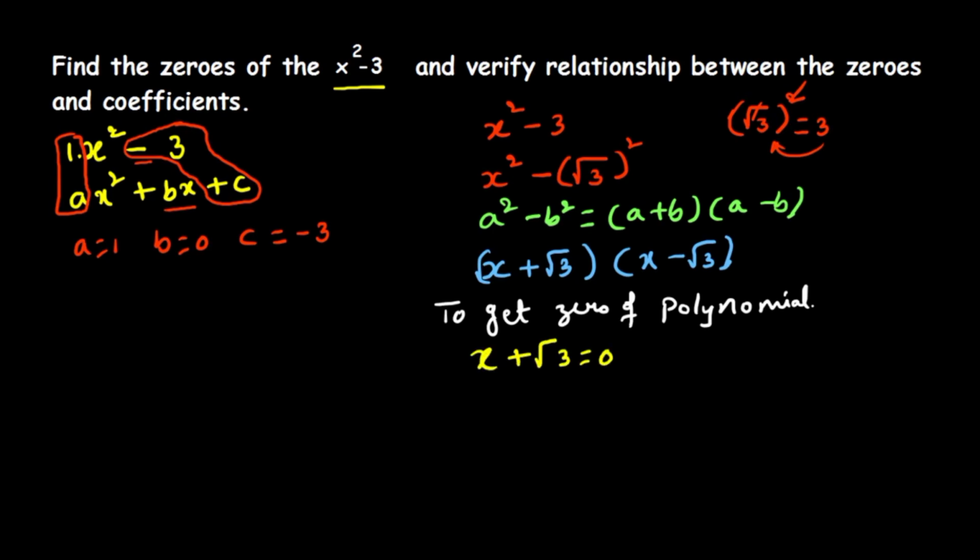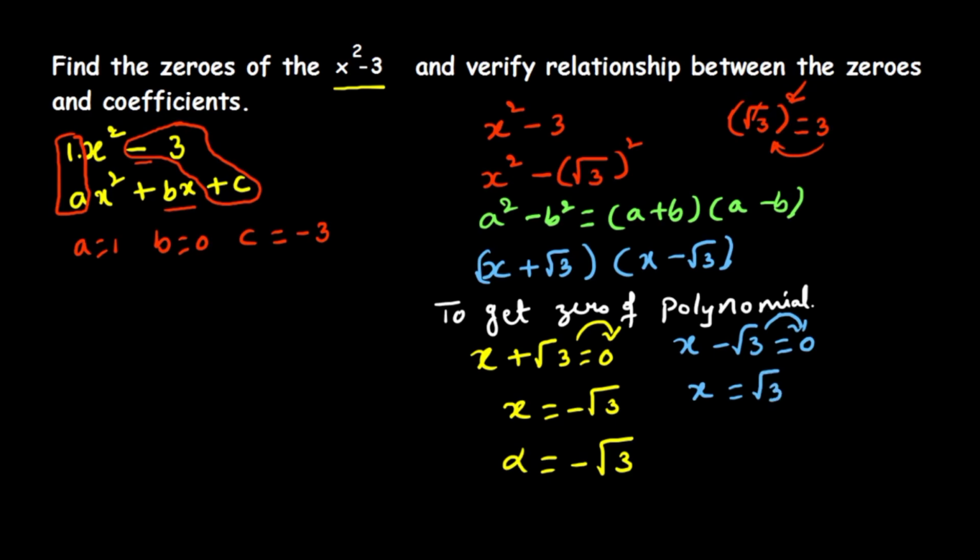Then we have x is equal to minus root 3, because this plus root 3 becomes minus root 3. This is alpha. Alpha equals minus root 3. And here we have one more, x minus root 3 equal to 0. This minus root 3 becomes plus root 3, so x equals plus root 3. This is beta. Beta equals plus root 3.